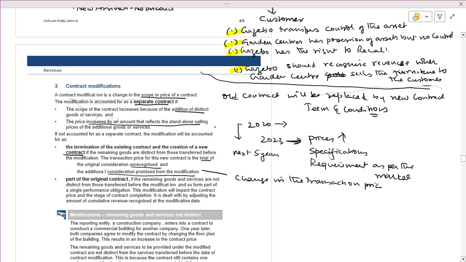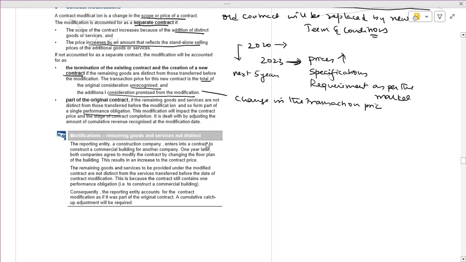Part of the original contract, if the remaining goods and services are not distinct from those transferred before the modification, so part of the single performance obligation. We should know whether the performance obligation is different or not, or the things remain the same. Then according to that we have to work it out.